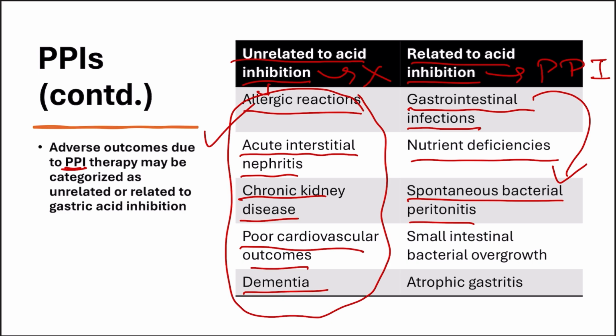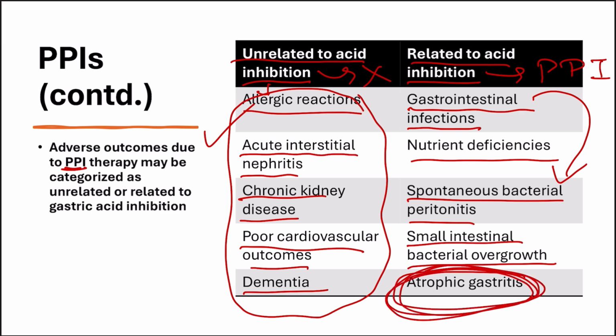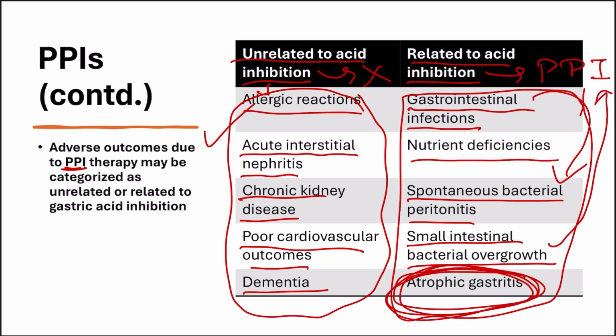Also there can be small intestinal bacterial overgrowth, and since there is no production of gastric acid from the stomach, it leads to atrophy of the stomach, leading to atrophic gastritis. All these are related to the inhibitory action of proton pump inhibitors on acid production by the stomach. So these are the adverse effects, one related to acid inhibition and the other not related to the acid inhibition property of proton pump inhibitors.